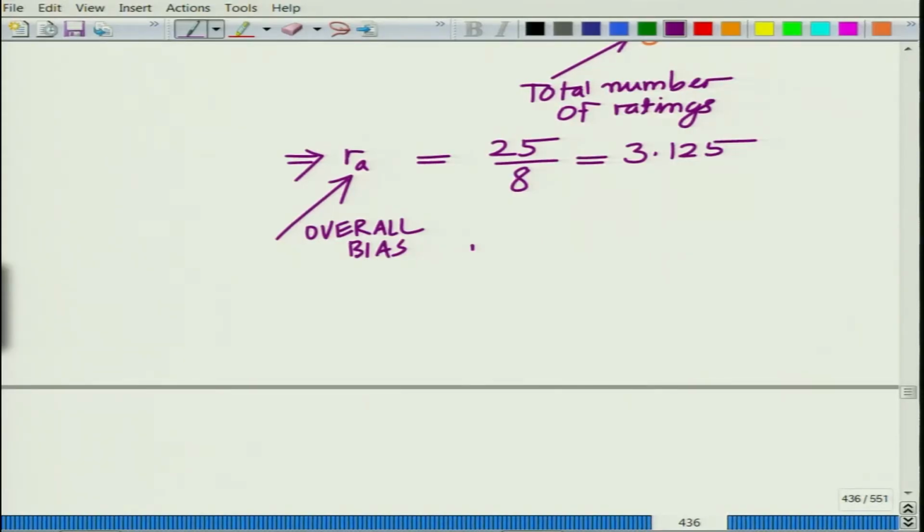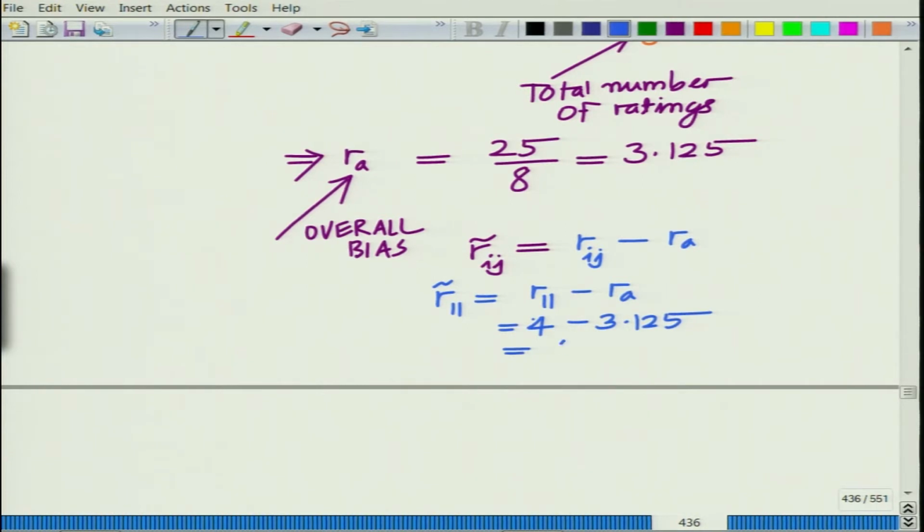Subtract the overall bias to get the unbiased ratings, right. So, you have R tilde, this is basically R ij minus R A. For instance, R tilde 1 1 would be R 1 1 minus R A, which is R 1 1, as you can see, 4 minus 3.125, this is 0.875.